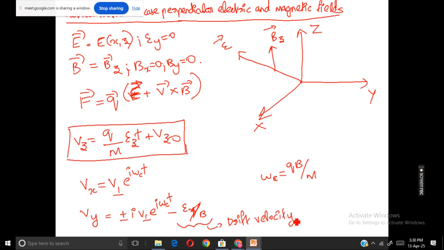So these are the three different components of velocity in this case. And what are the major conclusions, the major inferences from this case?